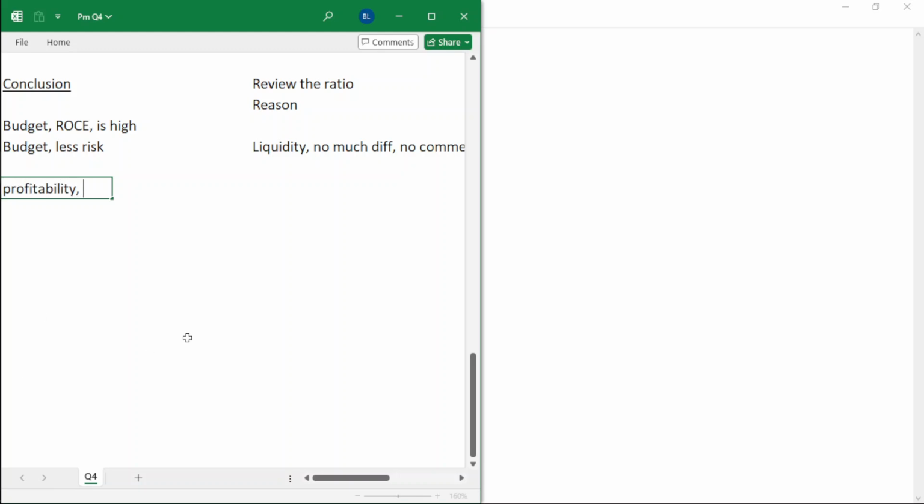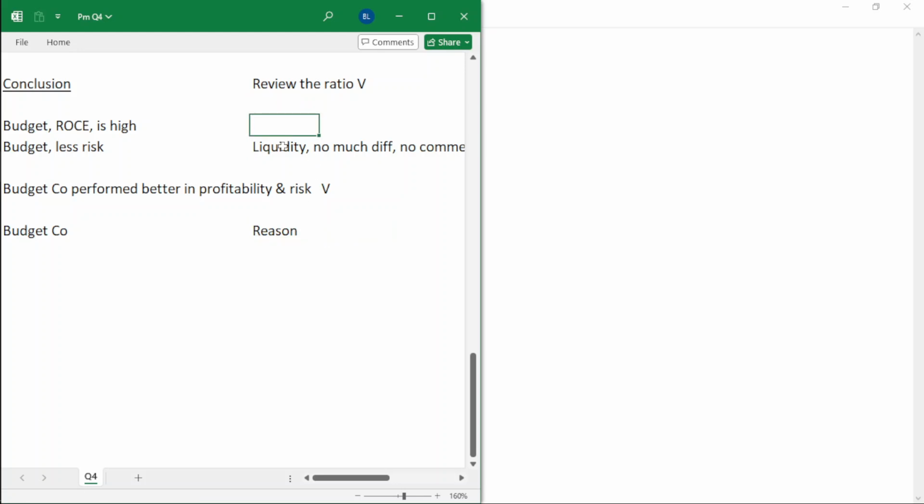So Budgetco performs better in profitability and risk. So you review the ratio, then you come up with the conclusion. Then let's put a reason here.